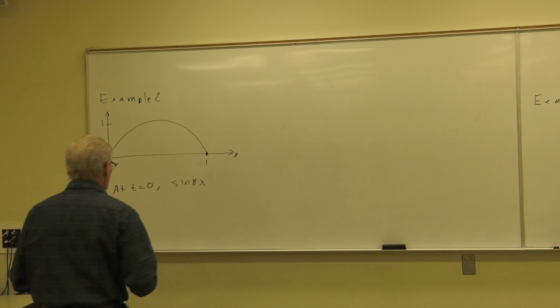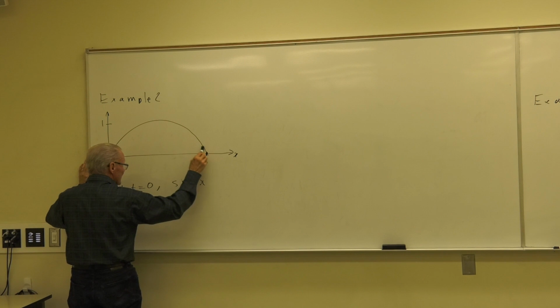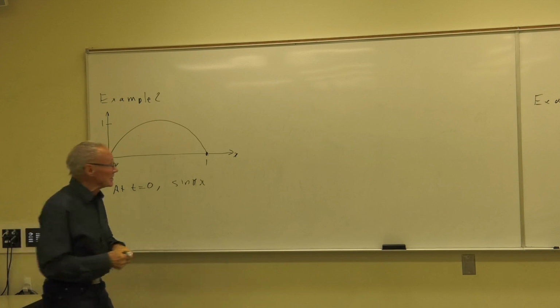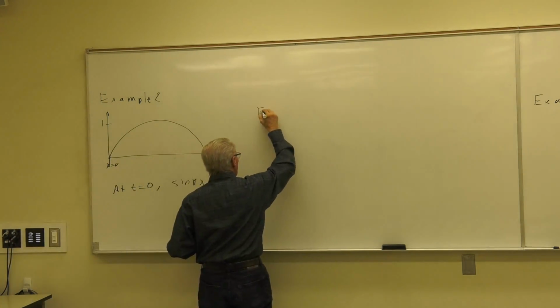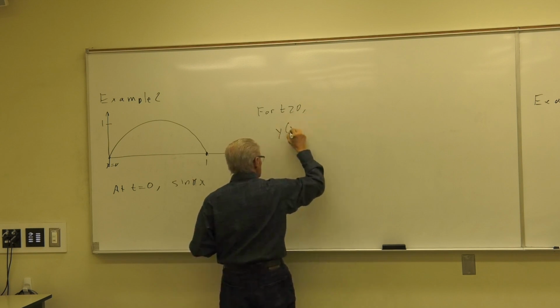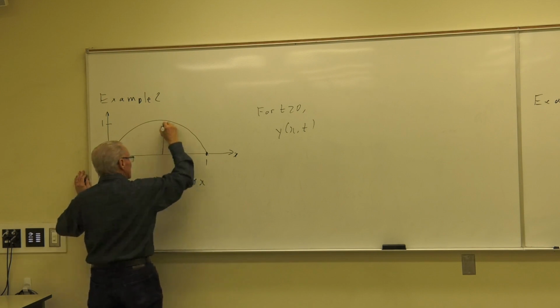I think you could kind of guess that in a short time it might look like this, then it might look like this, and then eventually it hits here, and it probably goes down there, right? And that is indeed true. For t greater than 0, y becomes a function of x and t. So y is the displacement here.